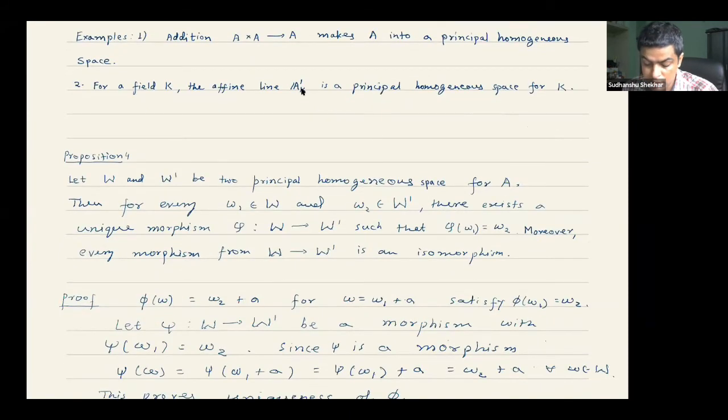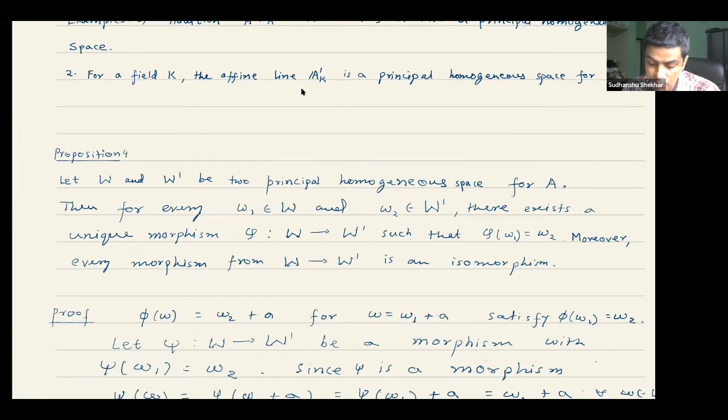There is a proposition which is very useful for us. So what is this? Let W and W prime be two principal homogeneous spaces for A. Then for any element W1 belonging to W and W2 belonging to W prime, the proposition says that there exists a unique morphism, and when I say morphism, I mean a morphism of principal homogeneous spaces.